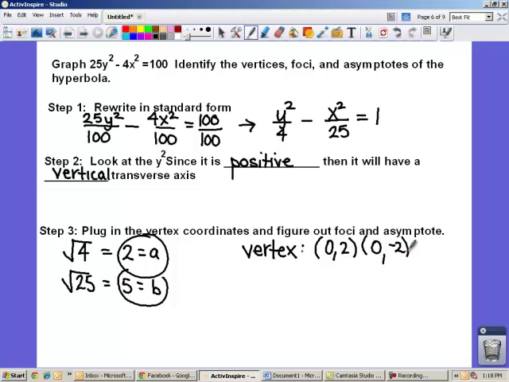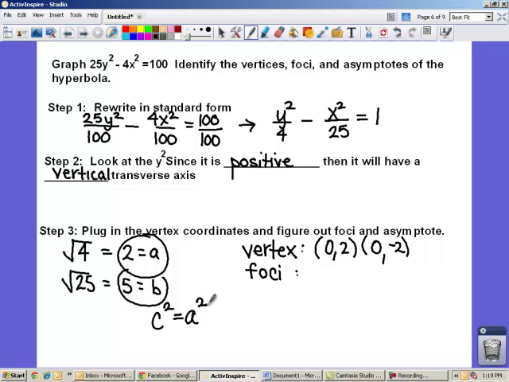And then the foci, we need to figure out what C is. And we only have A and B right now, so we're going to need to use an equation. Now, the equation that we used for ellipses was different than what we're going to use today. So, please make sure you notice this.